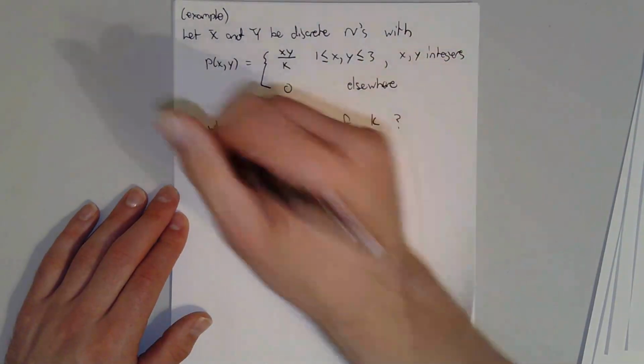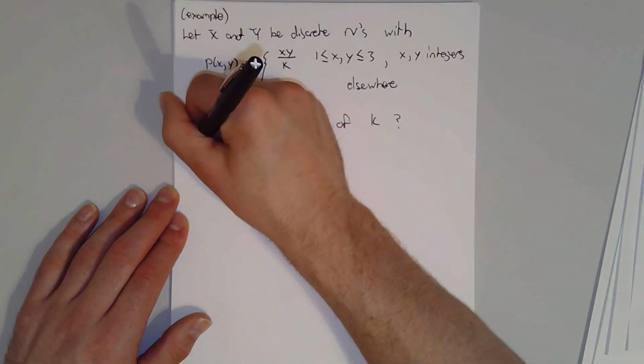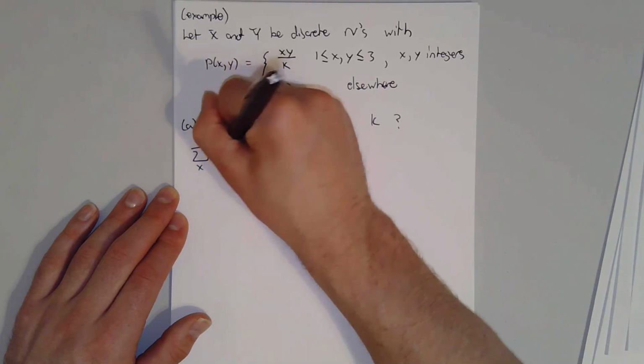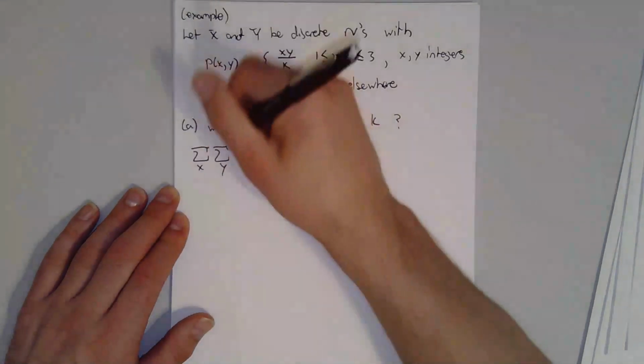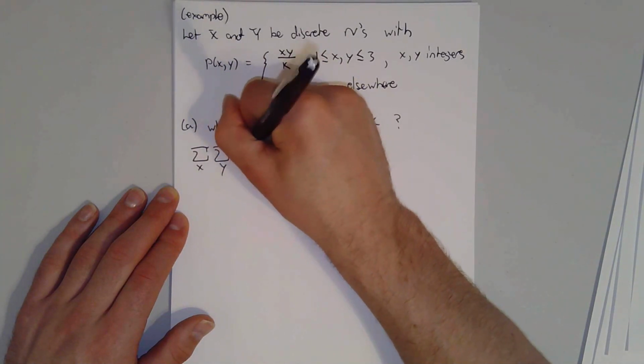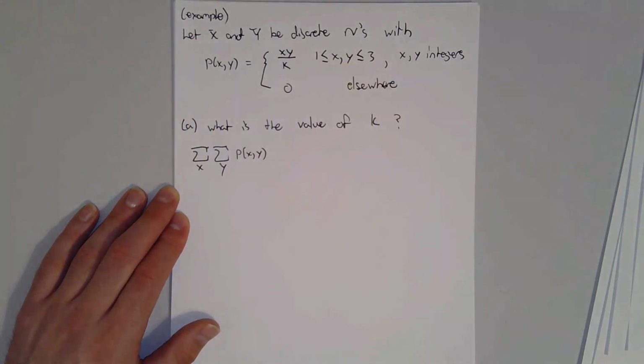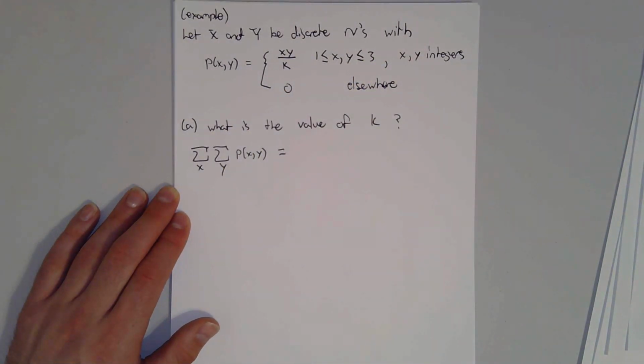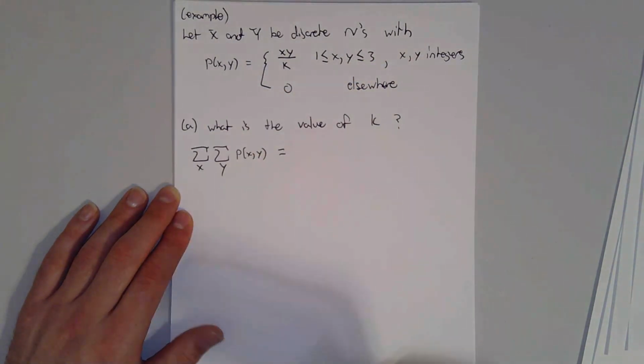If we sum up over the possible values of x and y, this should be equal to 1, since this is in fact a PMF.